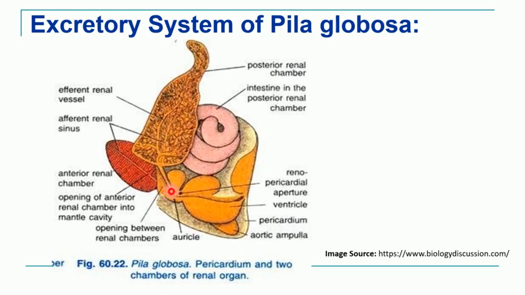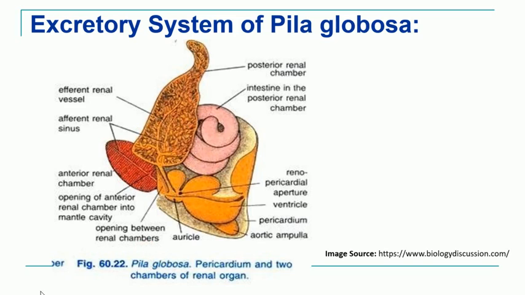So it is attached at this position with a renopericardial aperture. So this opening is called the renopericardial aperture. So it is communicating with the heart as well as with the anterior renal chamber. So this opening between these two chambers is called the opening between renal chambers.